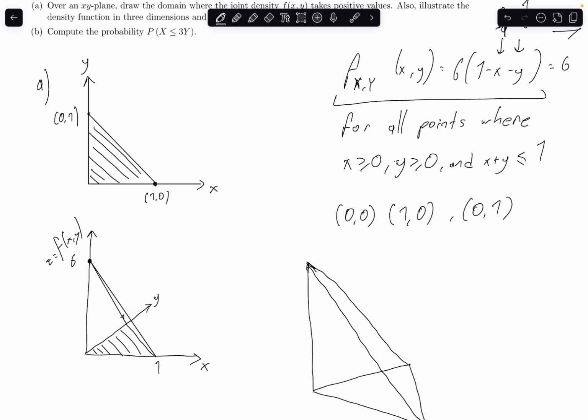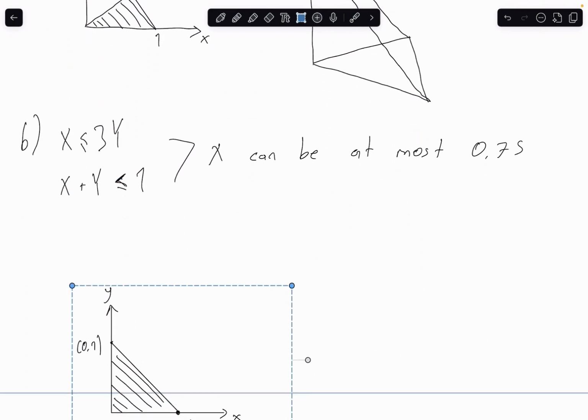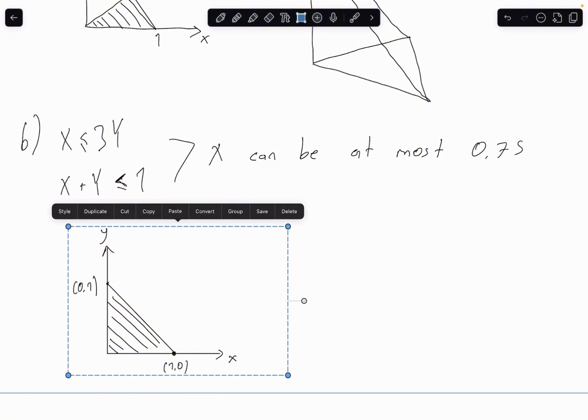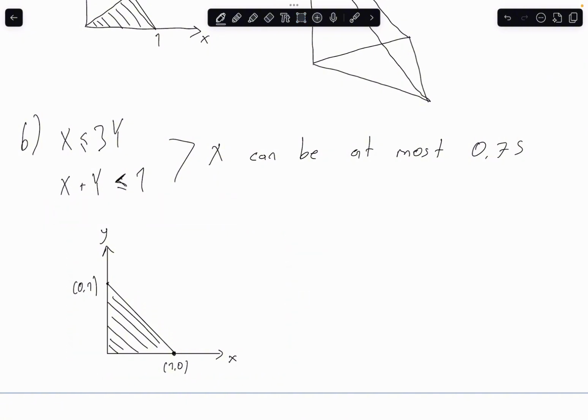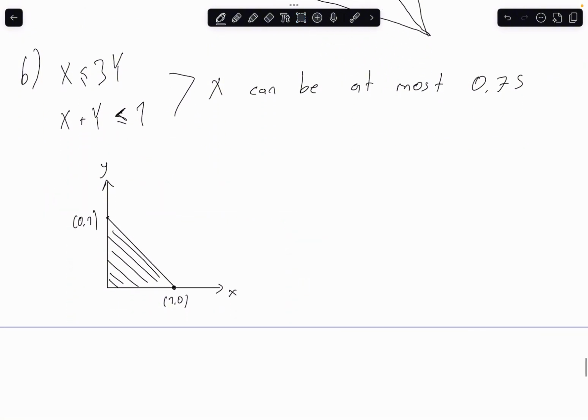When we check this region, we can draw this new line like this, and this is x equals 3y.